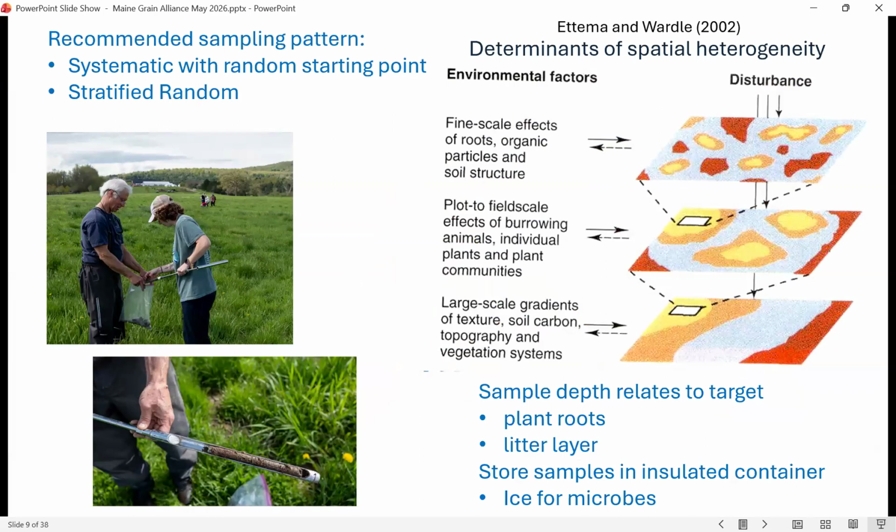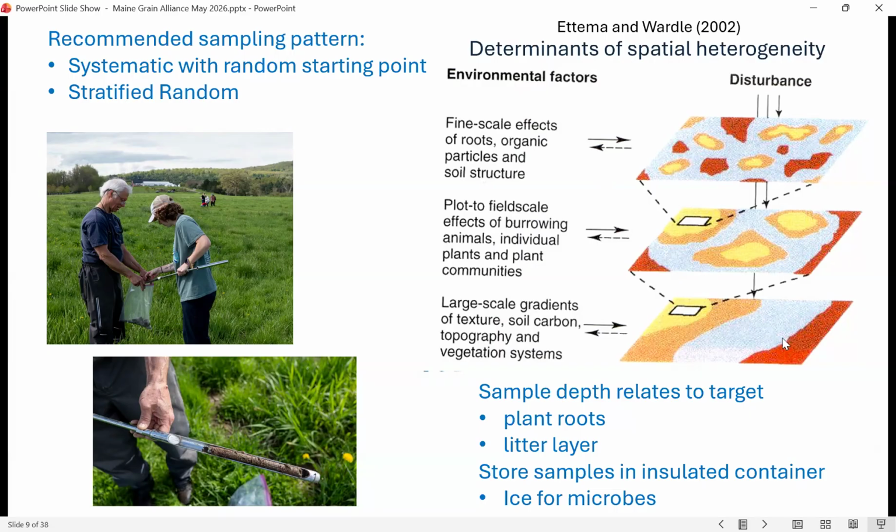Now, one thing about soil health and the metrics of soil health is, it really depends on having a good sample. And you might have heard of the old adage, garbage in, garbage out. Well, that's so true. So one of the realities we have to deal with is that the biological communities in soil are very heterogeneous spatially, and that affects how we want to collect our samples.